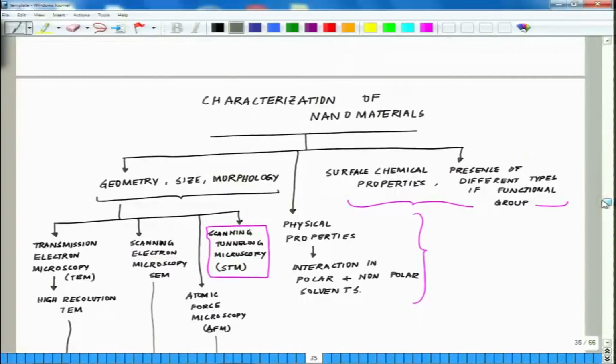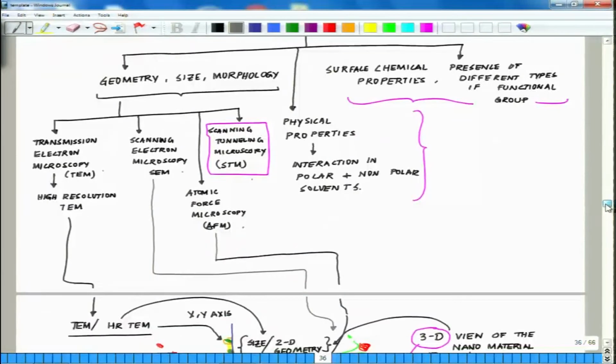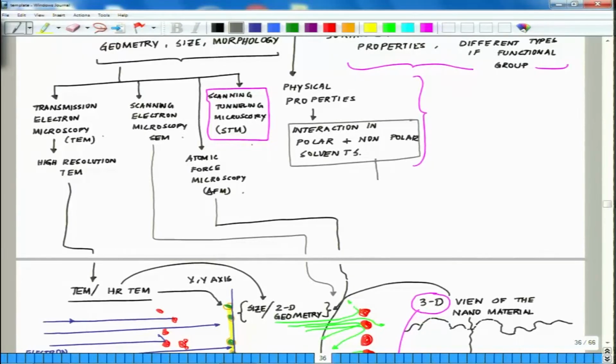This is where we were: characterization of the materials, transmission electron microscopy, scanning electron microscopy, atomic force microscopy and scanning tunneling microscopy. Now, we are talking about physical properties of interaction in polar and non-polar solvents. Say you have a particular particle, and you make a film or layer it with something.